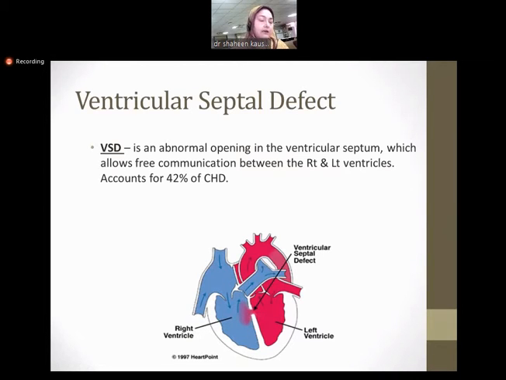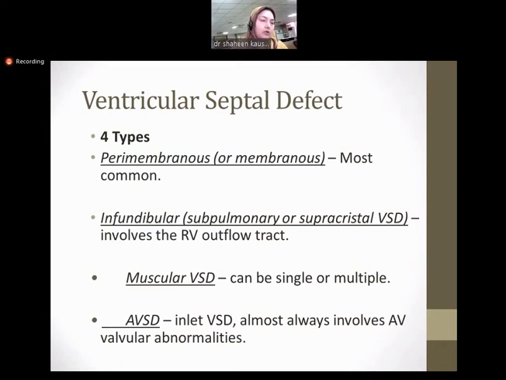Again, there are different types of ventricular septal defect. From your knowledge of embryology, the ventricular septum has two parts, the membranous part and the muscular part. In the same way the septal defect could be in the membranous part or in the muscular part. There are four types depending upon the location.